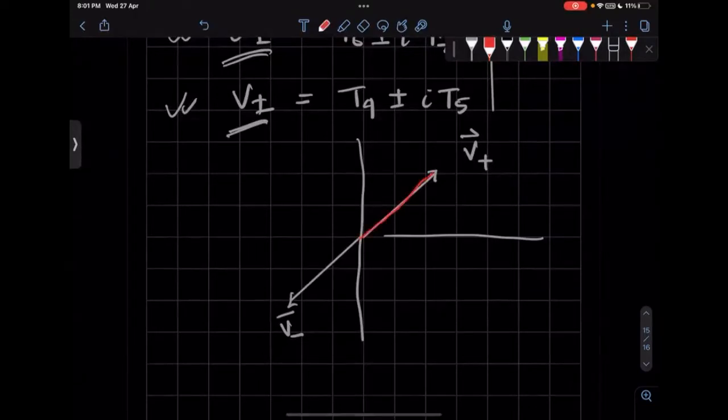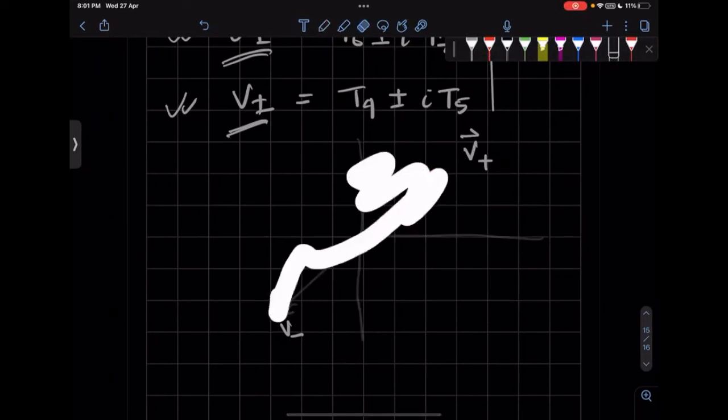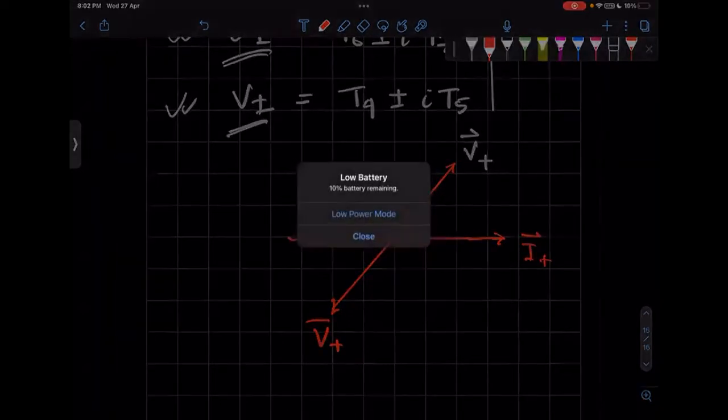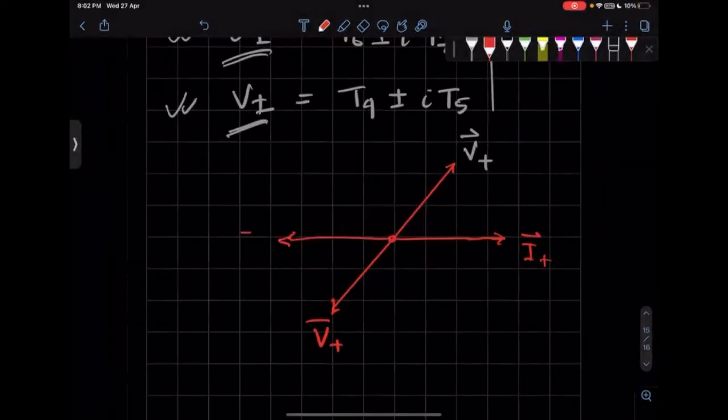Okay, let me draw it a little bit better. This is V minus, and this is V plus, and this has a hexagonal structure, I plus. Because of the hexagonal structure of the root diagram, let me just plug in my iPad so we don't lose the connection.